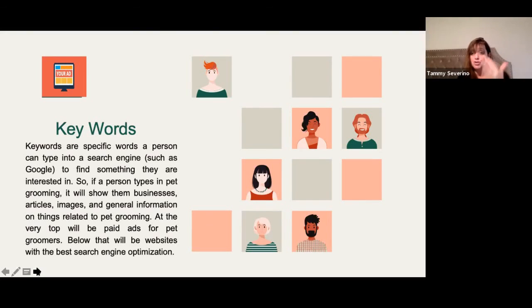So if you're a dry cleaner, it may show you articles on dry cleaning or ads for dry cleaners. It probably will show you things related to washing at home. So it's going to be all things related to that topic. And you want to be part of what comes up toward the top in terms of businesses for that particular keyword.